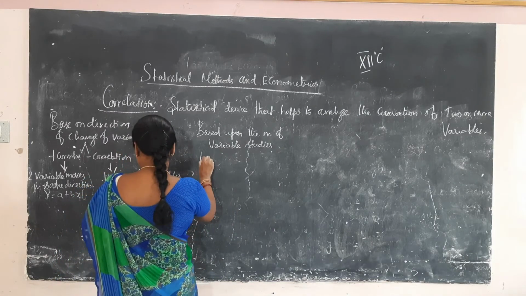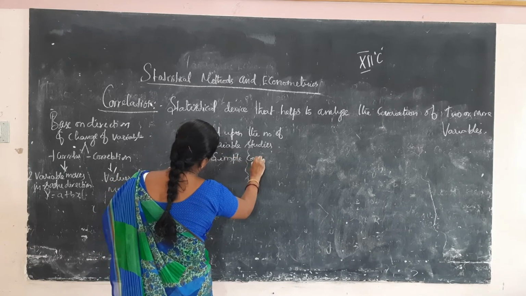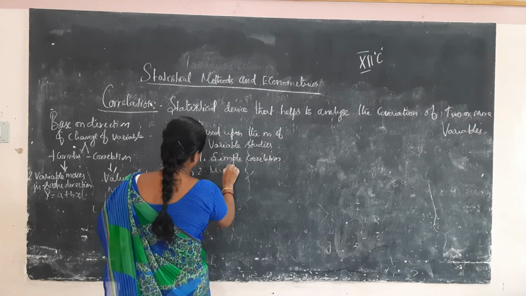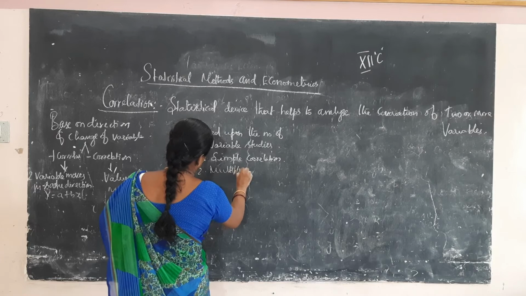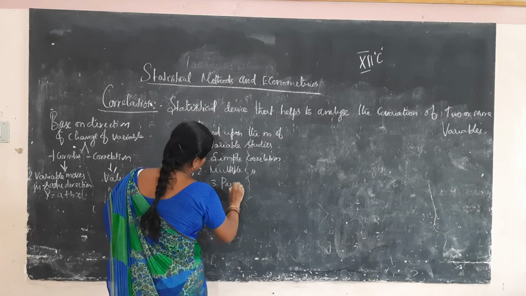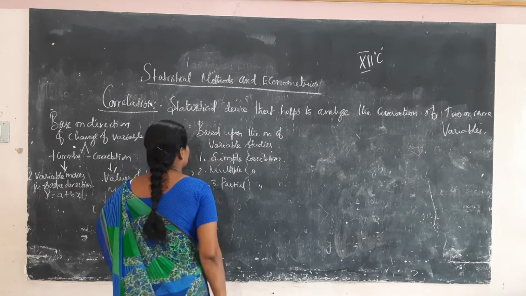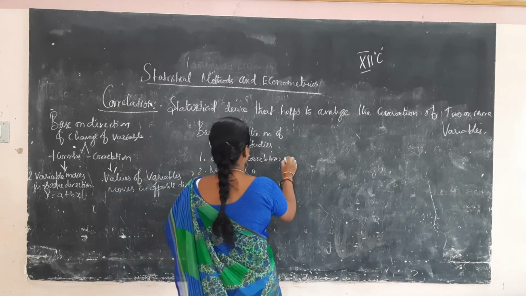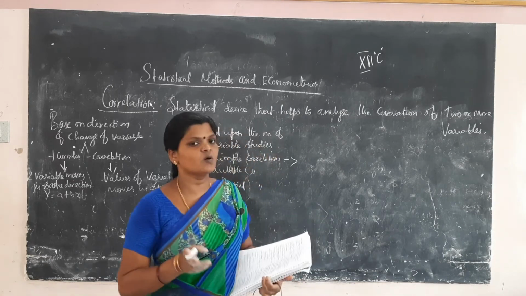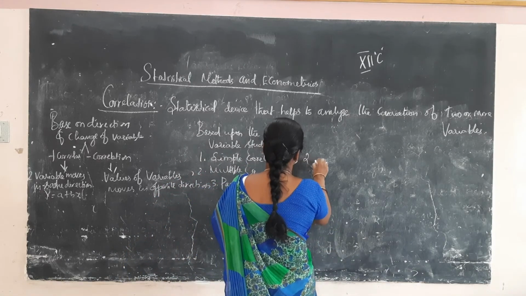First one is simple correlation, then multiple correlation, and the last one is partial correlation. First one, simple correlation. Simple correlation means only two variables are taken for study.